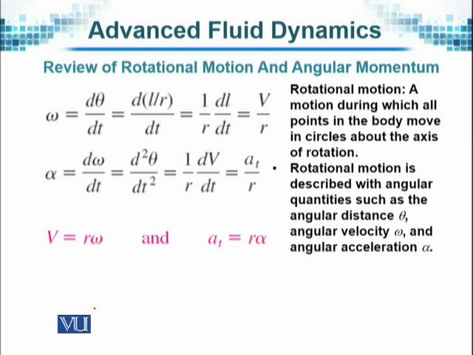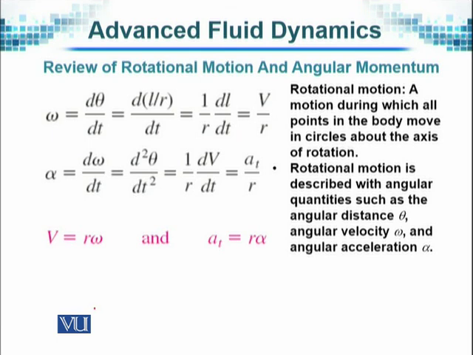And if the motion we are considering is only two-dimensional, then only r and theta are under consideration. In the rotation, if the angular distance traveled is theta, then omega is assigned to the angular velocity, that is, the angular distance traveled divided by time.